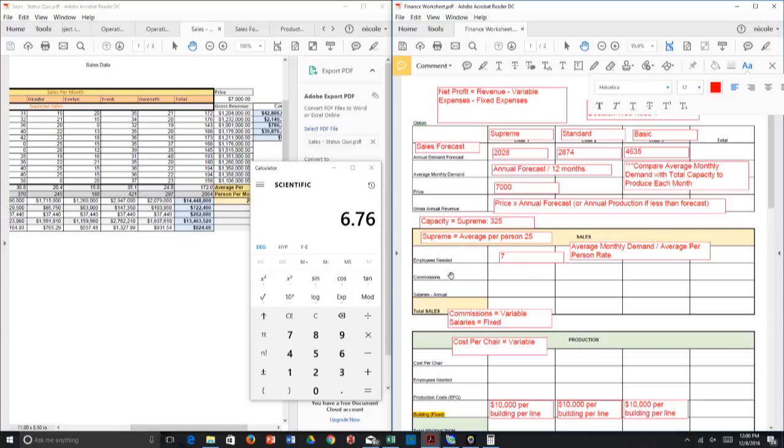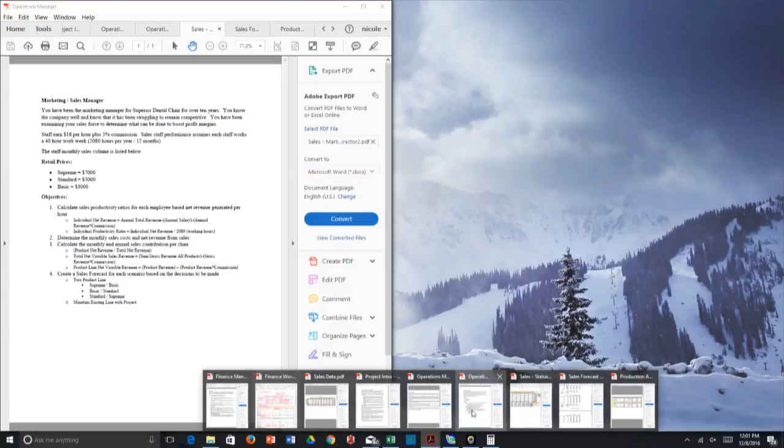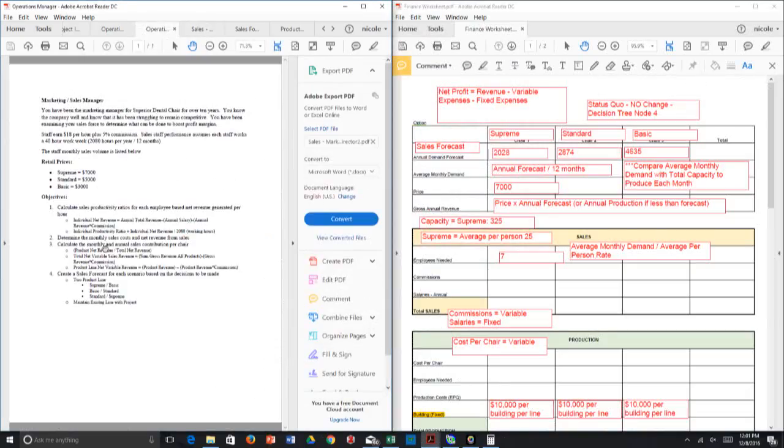Our commissions from our sales worksheet. So we go back to that sales worksheet here. And we know that gross revenue times commission helps to determine our net, and our staff earn $18 per hour plus 5% commission. So commission off of gross sales.